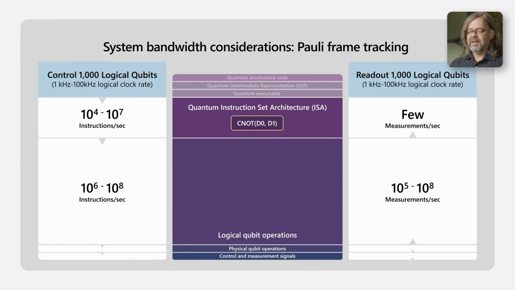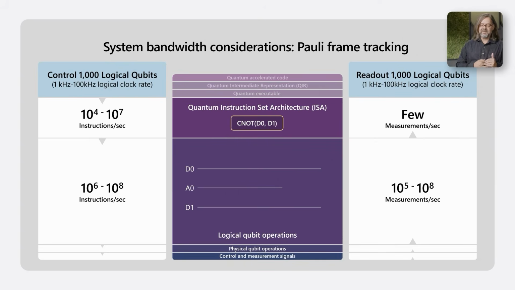So let's look at how the quantum instructions are translated to the specific logical operations of a given QEC code. And here I want to choose an example of the CNOT gate that I'm translating down to the logical qubit operations of a surface code. The surface code for the CNOT needs an ancilla qubit A here, and the CNOT gets translated to a sequence of 4 measurements and joint measurements.